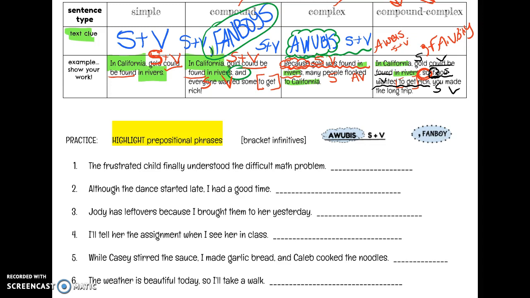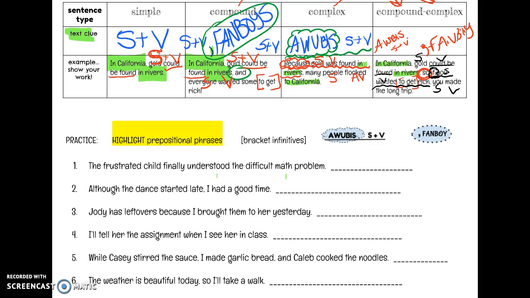Because I don't see a comma FANBOY, I know it's not going to be compound. Can I rule out a complex sentence? I don't see an AWUBIS in here, and I could go word by word, looking at the AWUBIS list on the board or in my notebook, and I don't see an AWUBIS in there, which means it's definitely not going to be compound complex. So let's see if I can find my subject and the verb.